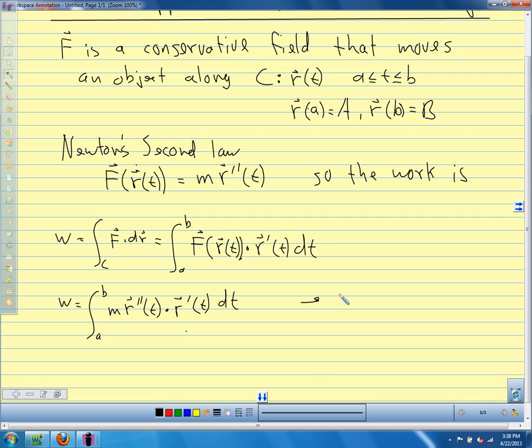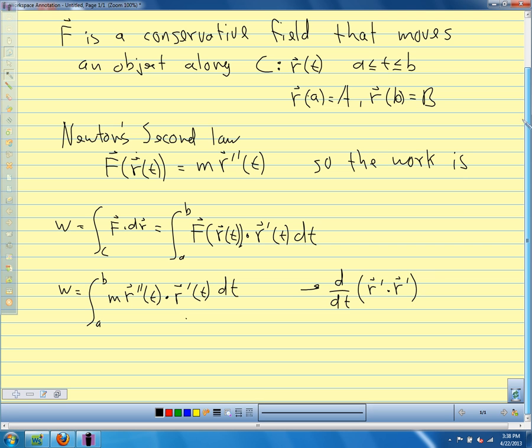Let's look at the time derivative of a dot product. We're going to look at the time derivative of r prime dot r prime. When we talked about taking derivatives of vector-valued functions, we talked about a product rule, I'm sorry, not a chain rule. So this is r double prime dot r prime plus r prime dot r double prime.